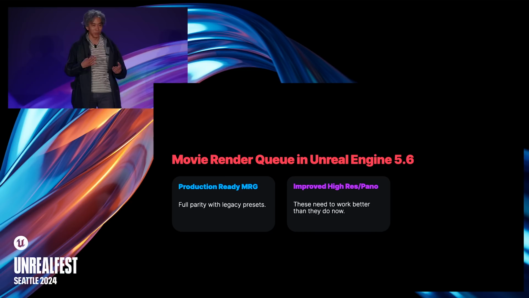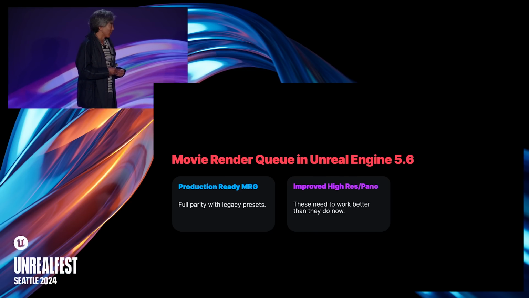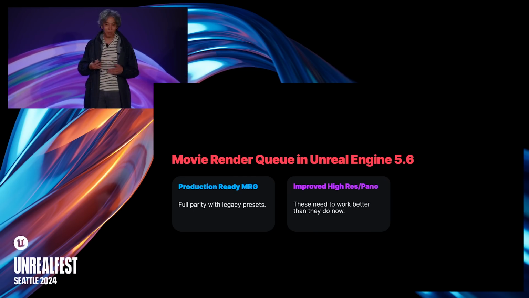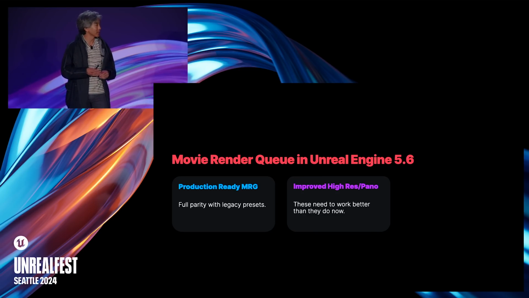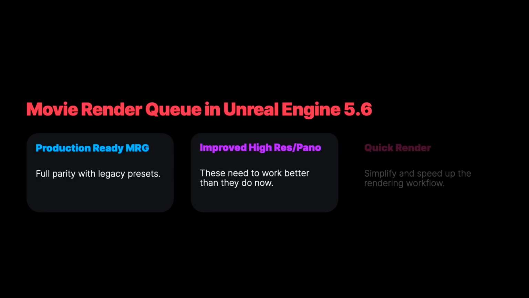These are things that we want to spend a lot of time on and improve, specifically improve from where they are now. If you've tried these out, you probably have run into things like memory issues and it's not a stable system, or to the level that we would hope. And so this is going to get a lot of emphasis in the next round to make sure that when we move it to the graph, the high-res and panoramic options work a lot better.